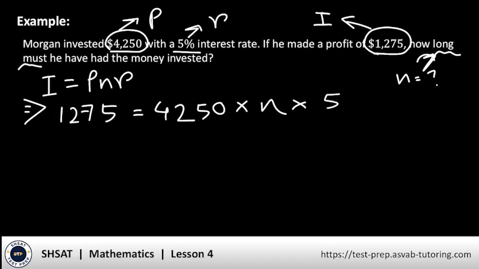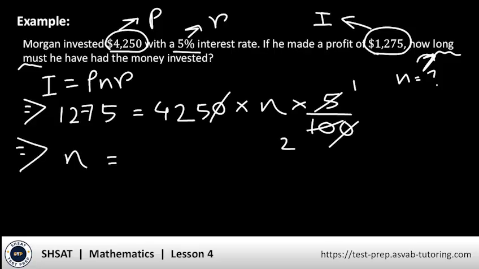So I know 5% can be written as 5 over 100, which means that I can now cancel these out. I can also write 5 times 1 and 5 times 2. So now if I do cross multiplication, if I just take N here, 425 over 2 is getting multiplied with N on the right side. Moving that to the left side is now going to make it division, right?